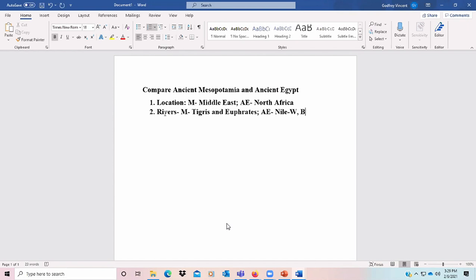So when we look at the 13 characteristics, another characteristic we can look at is government. How were they similar and different? What were the rulers in Mesopotamia called? What were they called?